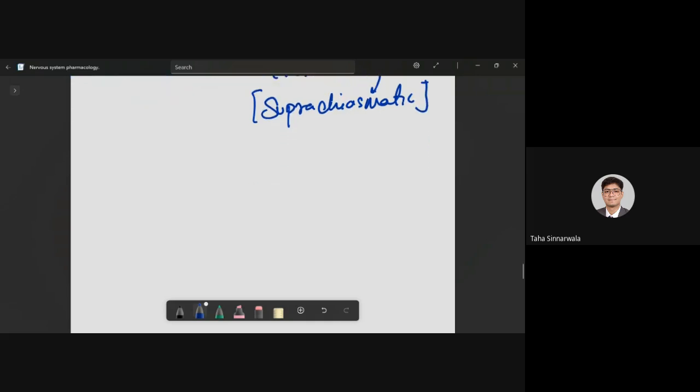Now, in the suprachiasmatic nucleus, there are two different hormones or molecules which are present. One we said is melatonin, and melatonin actually promotes sleep. But what's the other one, which avoids sleep or suppresses sleep?